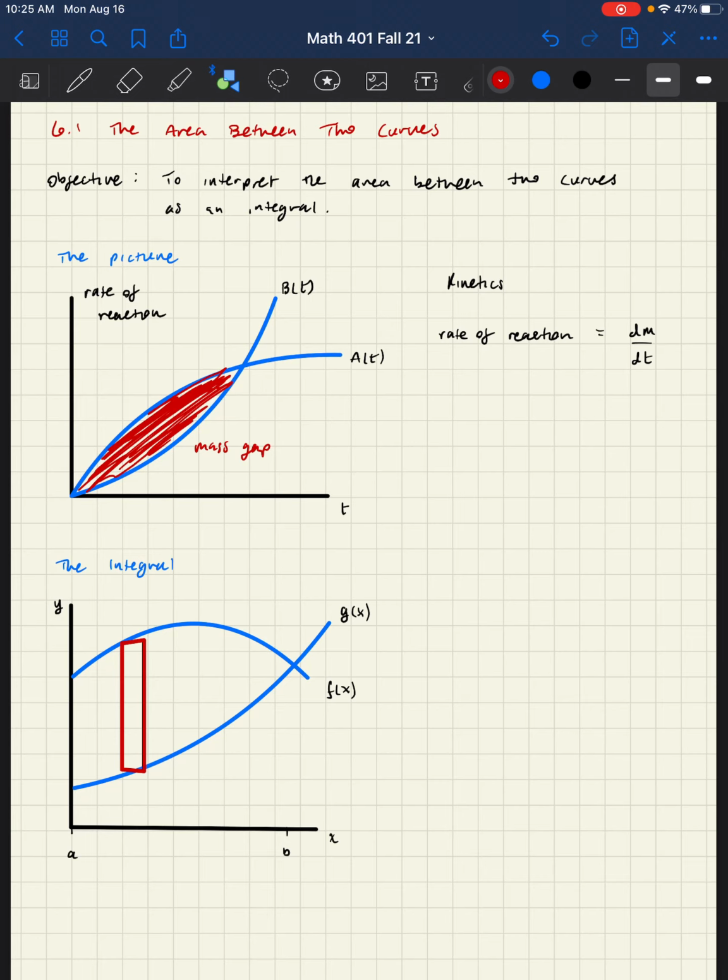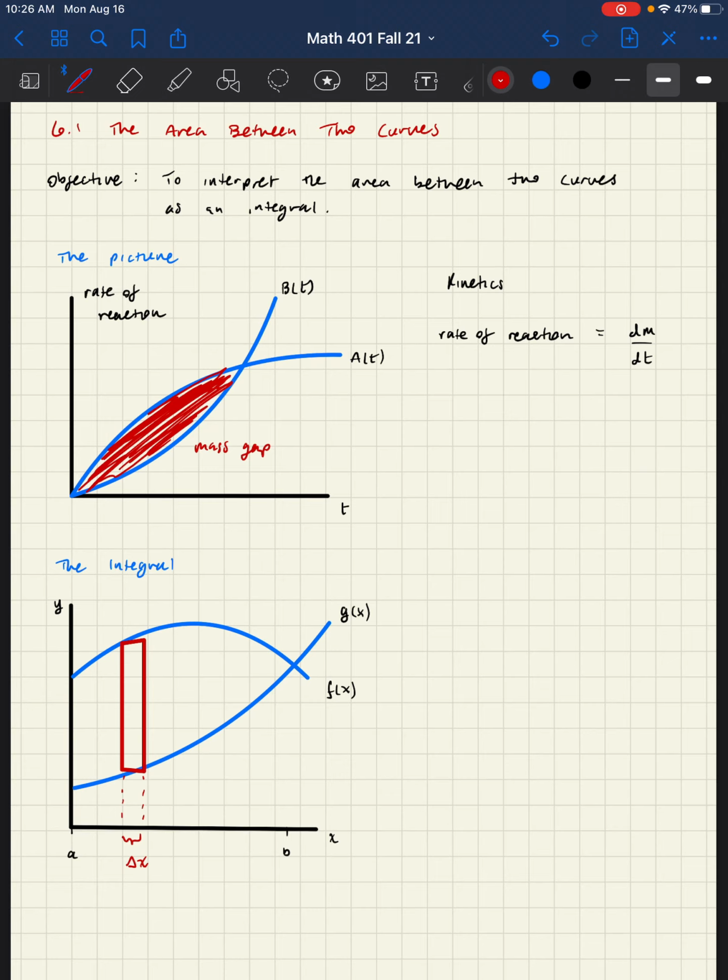So this rectangle is going to be one of our infinitely thin slices. So let's identify some of the pieces here. So this infinitely thin slice has a width of what we're going to call delta x.